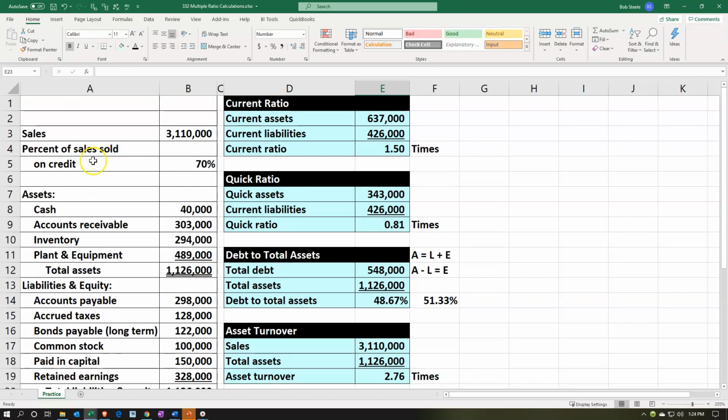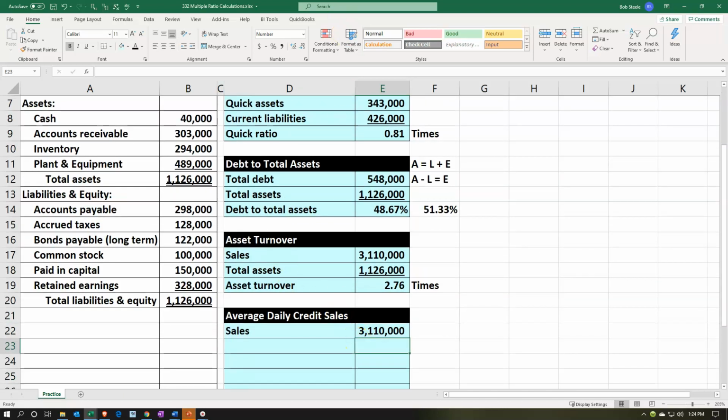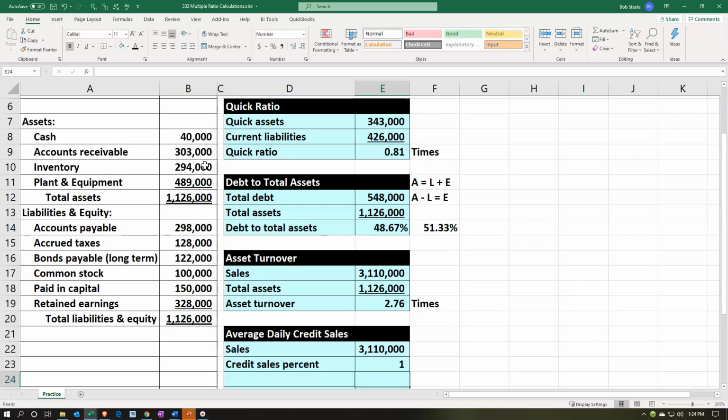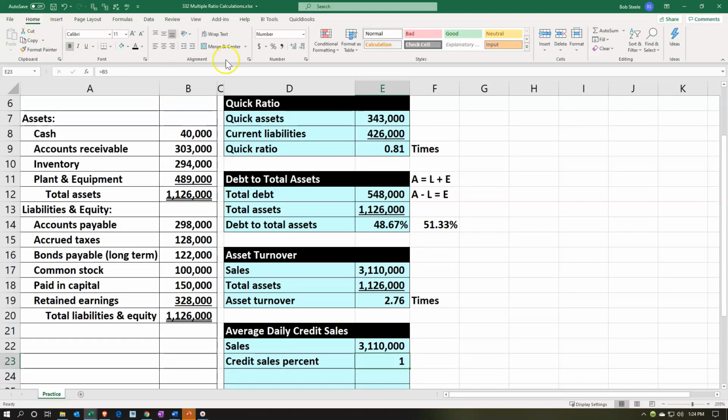And we said here that about 70% are credit sales. So the percent of the total sales that are credit sales is going to be this 70%. I'll make that a percent by going to the Home tab, numbers, percent, and then I'll put an underline under it.